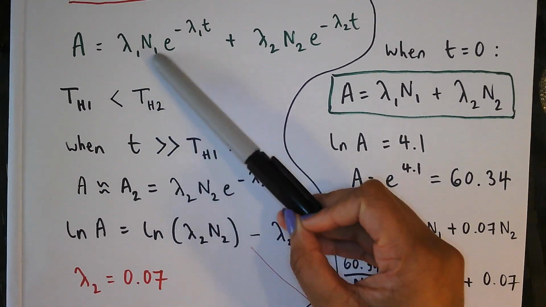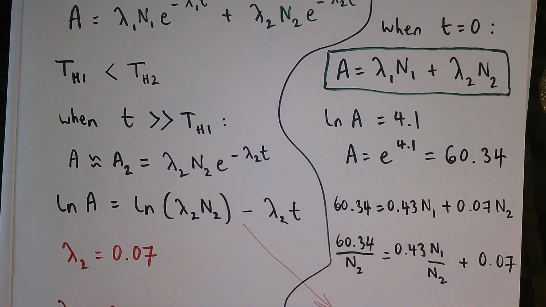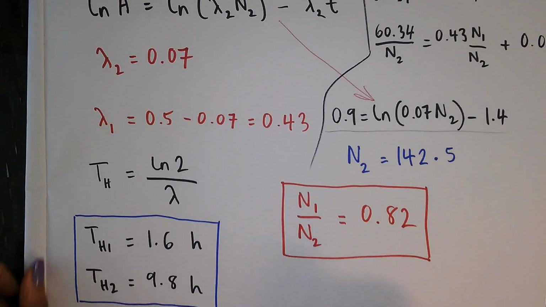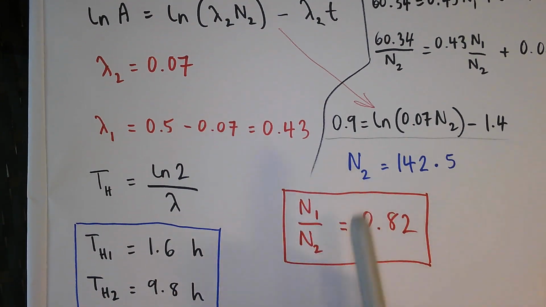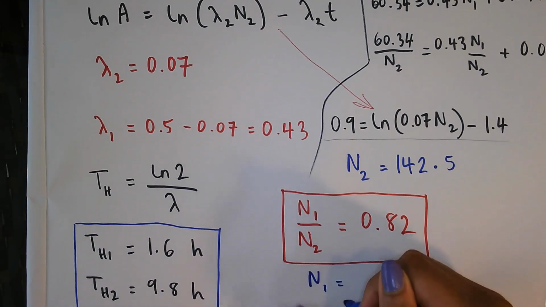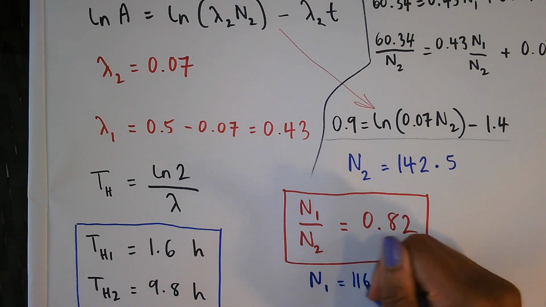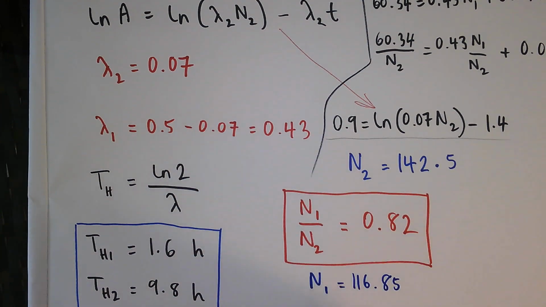So if I first just work out n1, I can work out n1 from here because I know what the value of n2 is now. So n1 is actually 116.85. That's the value of n1.